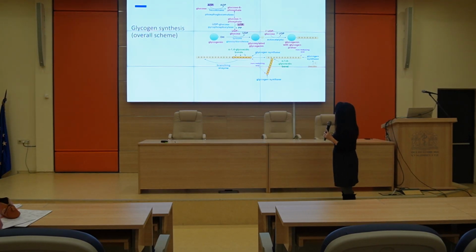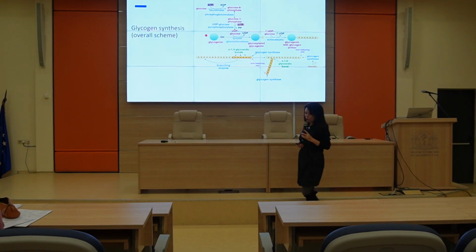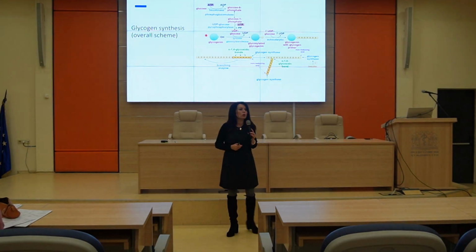The beginning is formation of the active form of glucose called UDP glucose. We start again from hexokinase, phosphoglucomutase, and UDP glucose is ready. After that, students, there is involvement of one primer which is called glycogenin.